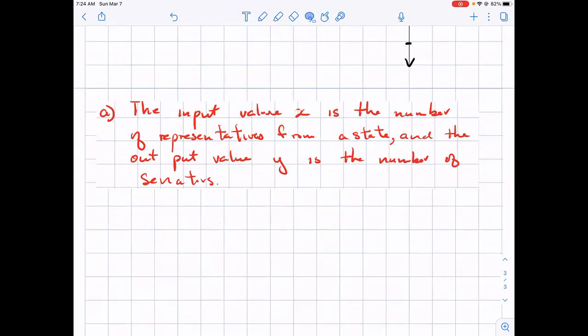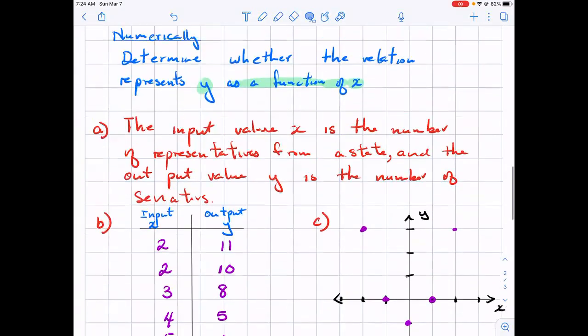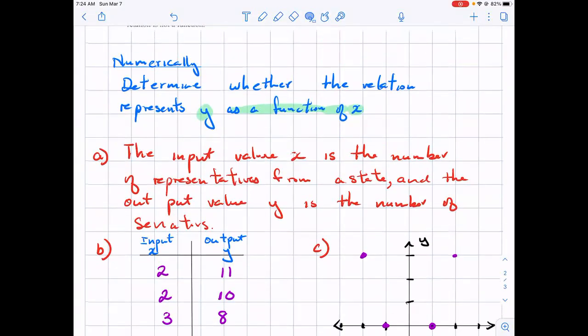Now, I don't know if you're familiar with senators and representatives per state, but the verbal description describes y as a function of x, and that's given. So y is a function of x.